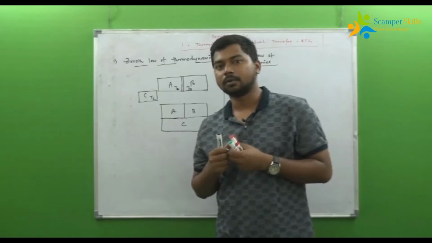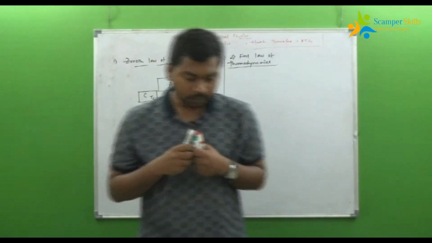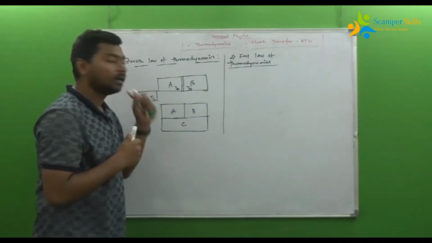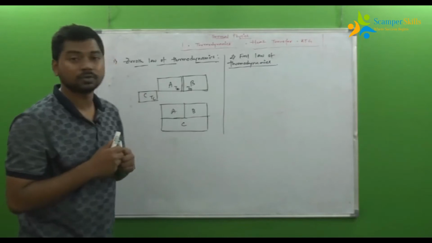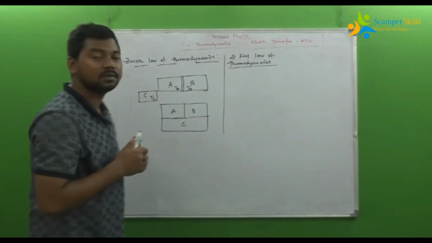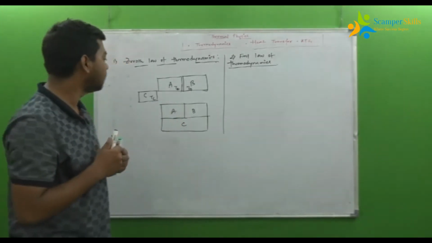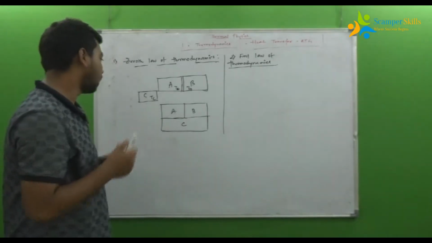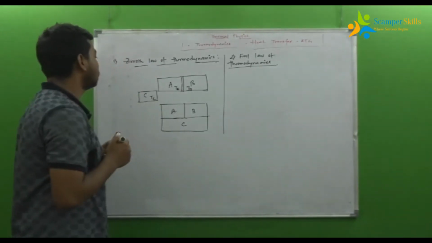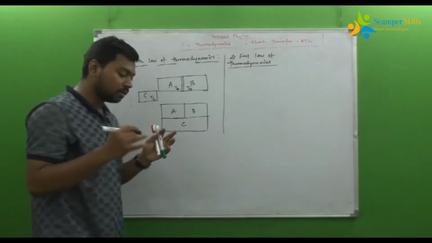of 2 or 3 bodies or 4 bodies, whatever. Now see, here we have considered two blocks. Suppose the first block is A and the second block is B. The temperature of the first block is T suffix A, and the second block is T suffix B. Now after a certain interval of time we consider another block of temperature T suffix C. So basically here we have three blocks.